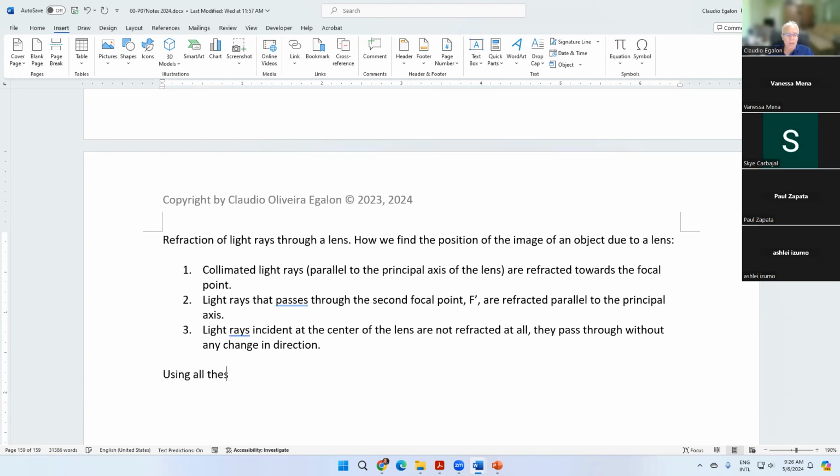You can use all these 3 light rays to determine geometrically the position of an image, right?